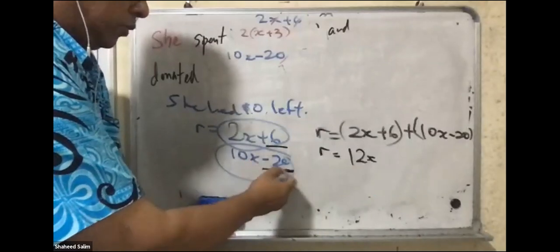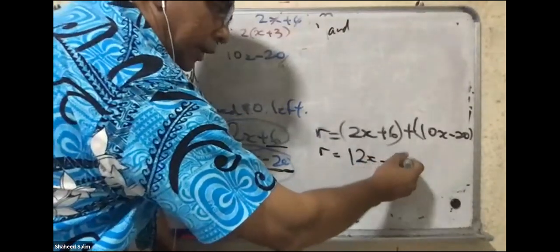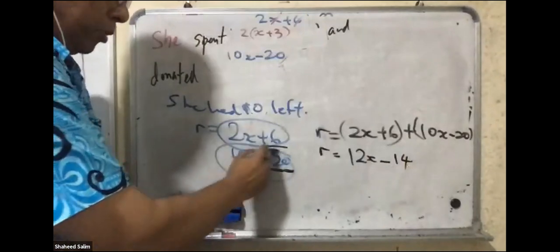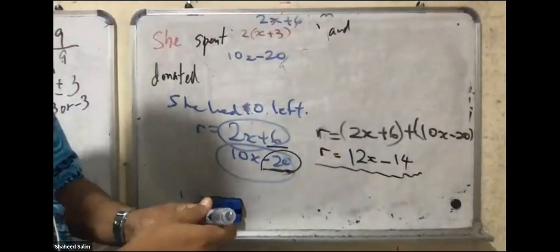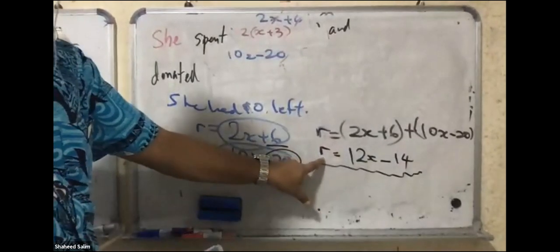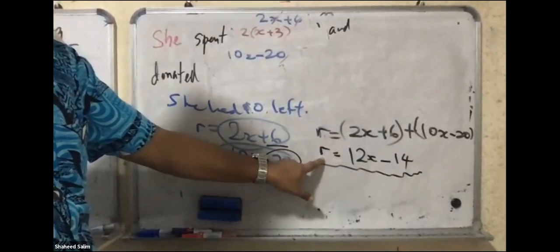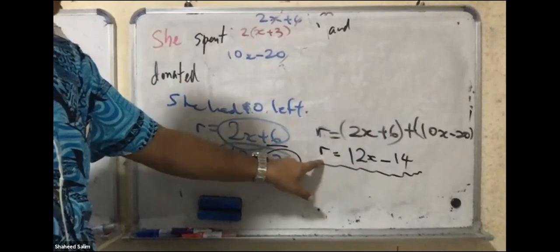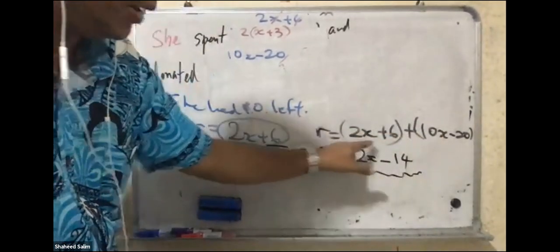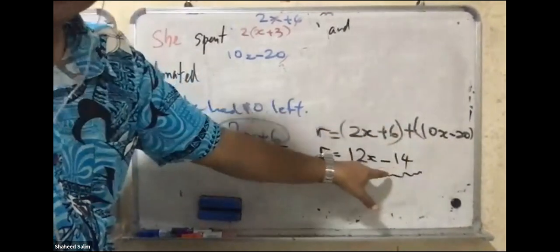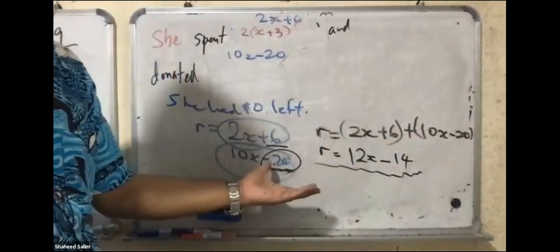You have $6. Minus 14, cannot plus, because you owe more money. So now this is your answer to A. This is an equation. So what is the equation? Total amount of money, R, or money she had at first, equals donations plus spent. And once you simplify, you get this. So this is your equation.